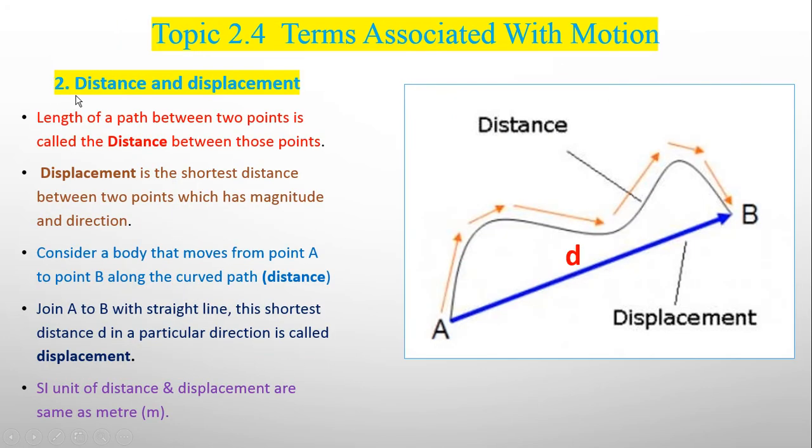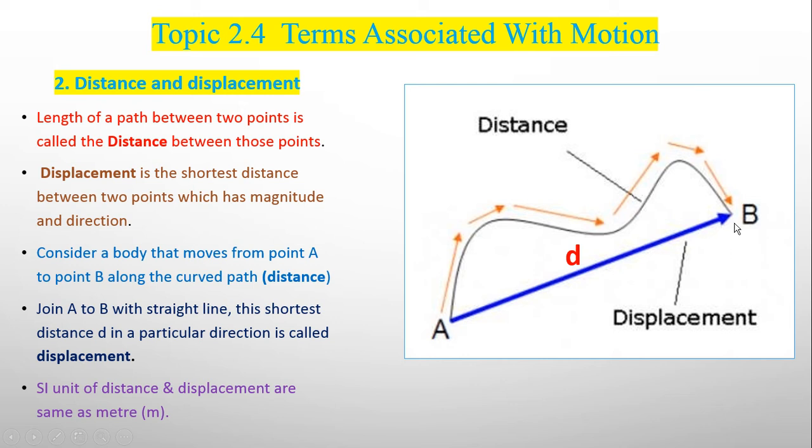Second term associated with the motion of an object is distance and displacement. So we will discuss what is distance and displacement. Distance can be defined as: the length of a path between two points is called distance between those points. Look at this figure.